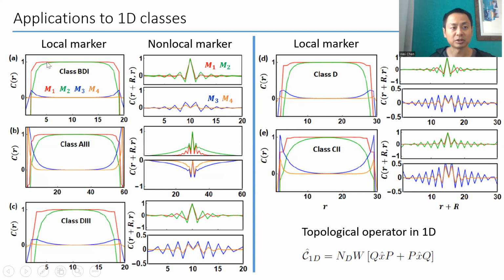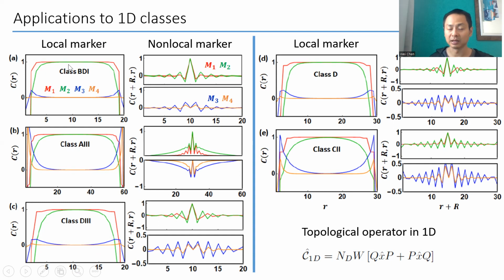Here I'm showing you, for instance, in class BDI models, that the red and the green are both parameters in the topologically non-trivial phase, and hence you see that the local marker is quantized to 1 in the region deep inside the bulk.